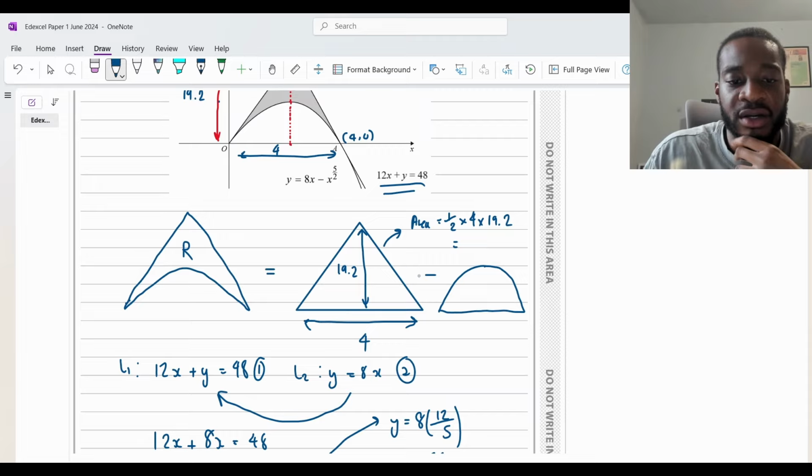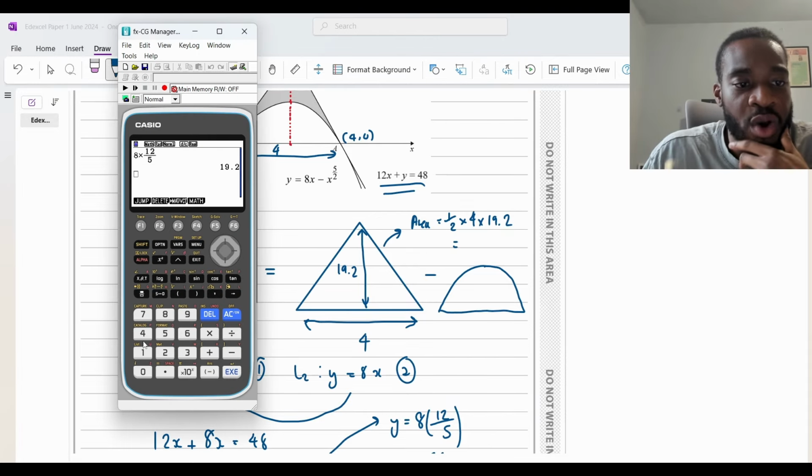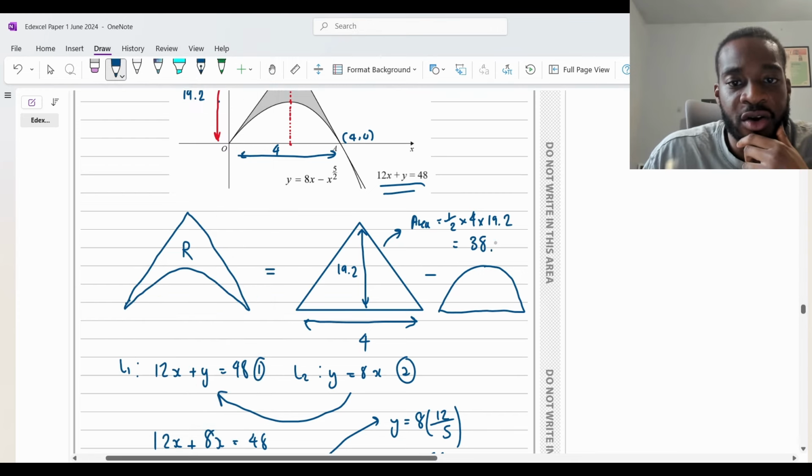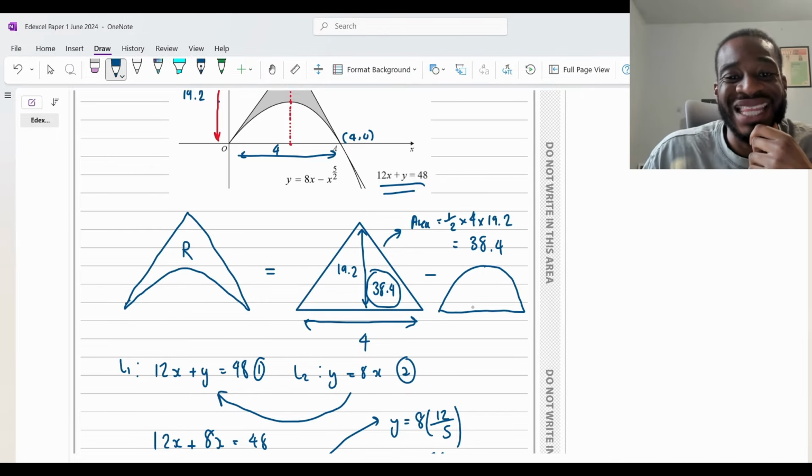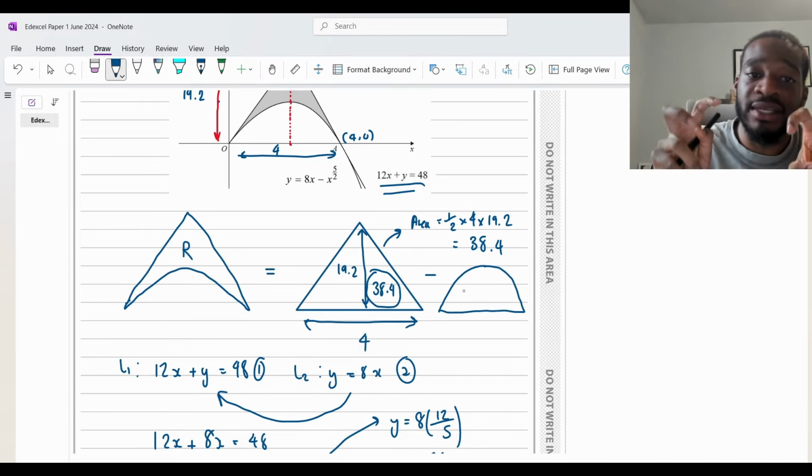I'll put it into the calculator and see what we get. So 1/2 times 4 times 19.2. That is equal to 38.4. So the area of this triangle is 38.4, isn't it? I'll put that in a circle. That area is 38.4.